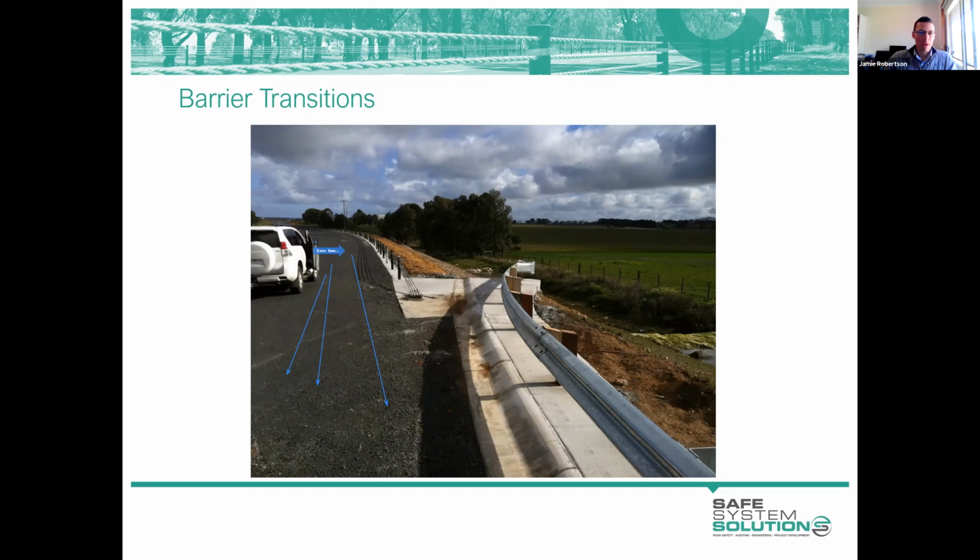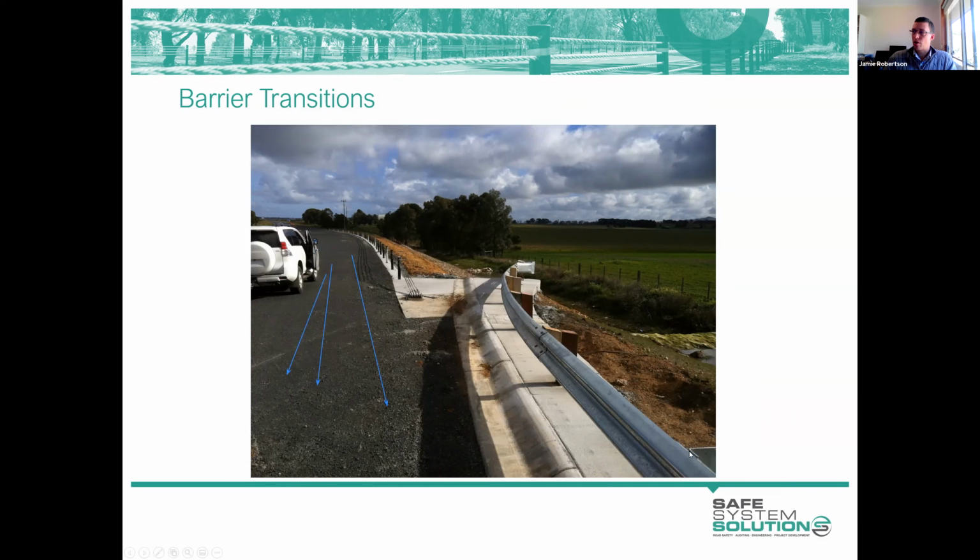The desirable thing when overlapping barriers is to overlap our points of need, our points of redirection. And if we're doing that, there's no opportunity for an errant vehicle to pass through a gap and into the roadside. With this guard fence, we've got a 10-metre long gating terminal, a breakaway cable terminal. You can see the timber posts there that are intended to break away.